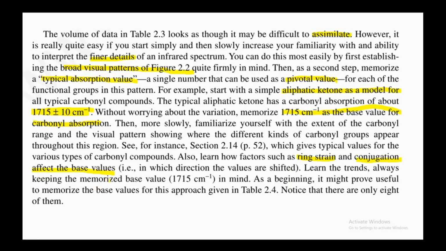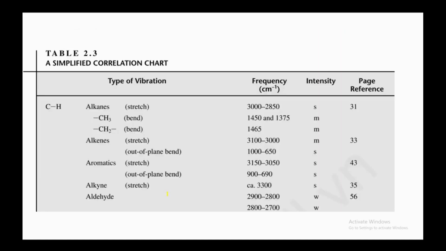Always keep the memorized base value 1715. It could either go up or go down depending upon several factors such as hydrogen bonding, resonance, conjugation, ring strain. As a beginning, it might prove useful to memorize the base values for this approach given in Table 2.4. Notice that there are only 8 of them. This is Table 2.3, the simplified correlation table described here.